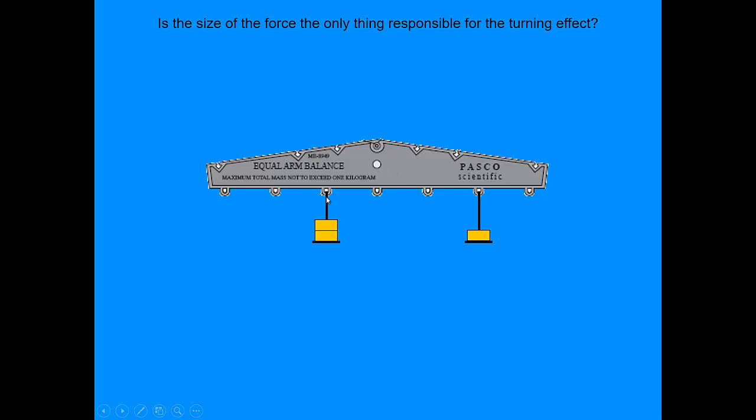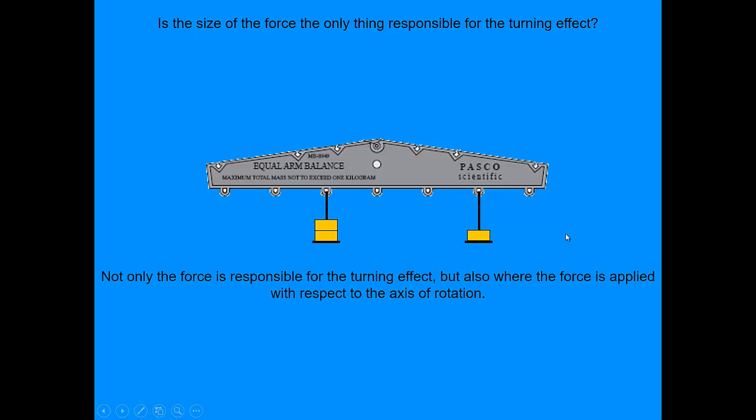Now, if I apply a different amount of force here, I could get this to go back in balance. But notice, now the amount of weight is different. So it appears that not only the amount of force, but also where that force is applied is going to affect how much turning effect we have. So the turning effect will depend on an amount of force and where that force is applied.